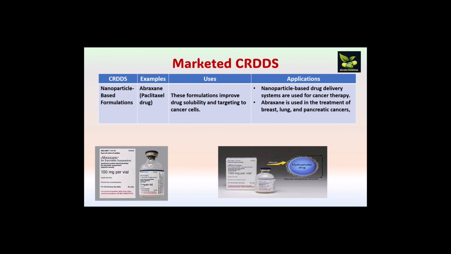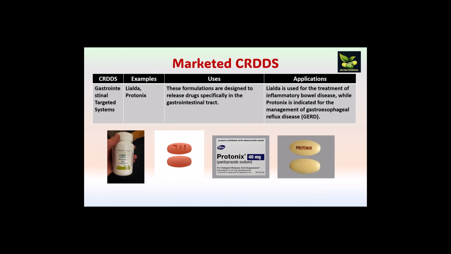Next, nanoparticle based formulation. Example is Abraxane. In this, the drug is paclitaxel, and they improve drug solubility and targeting to cancer cells. They are used specially for breast cancer, lung cancer, and pancreatic cancers. Next example is gastrointestinal targeted systems.